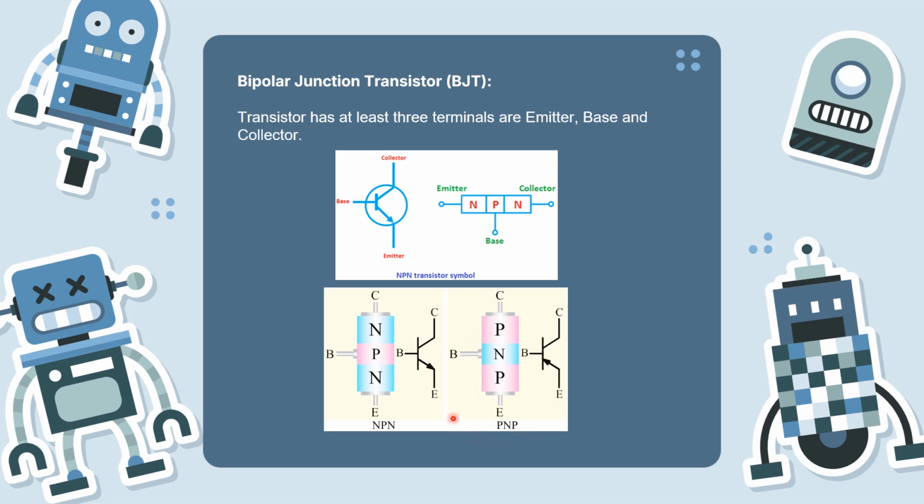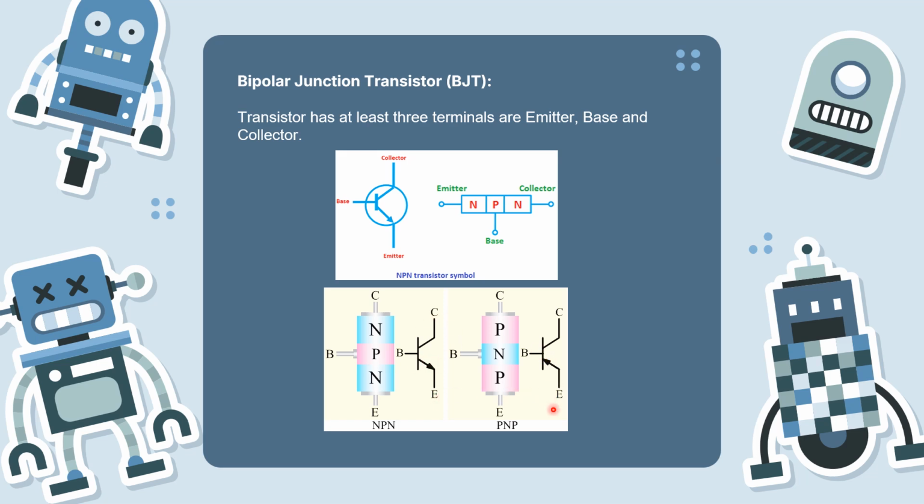And there are some differences between them. For example, if you want to turn this transistor on, you should connect the emitter to, for example, GND, and put a little bit, for example 0.7 volt, on the base to turn it on.